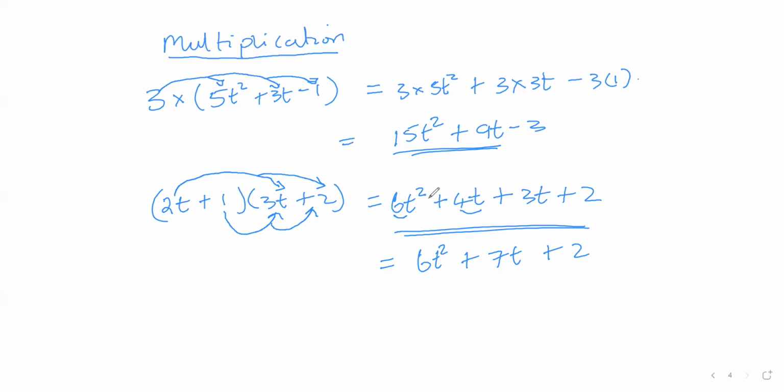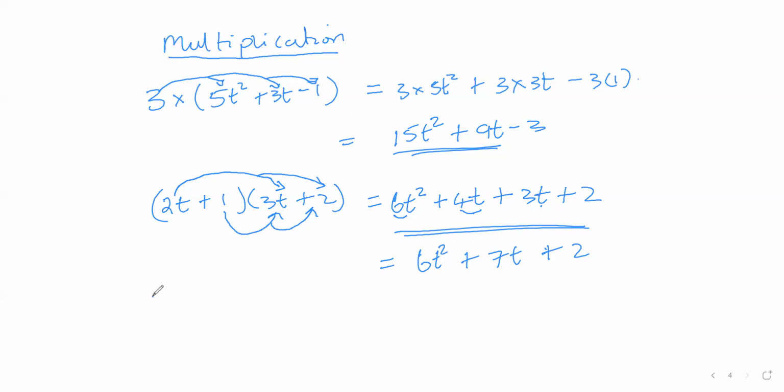What makes terms alike is the similarity in their variables. The variables must be the same. They must differ only by their coefficients. So don't get this mixed up. All right. But then 4t and 3t are like terms because the variables are the same, t and t, the same. Okay, so we can add up their coefficients and combine them as like terms. Okay, so those are the two forms of multiplication, basically.